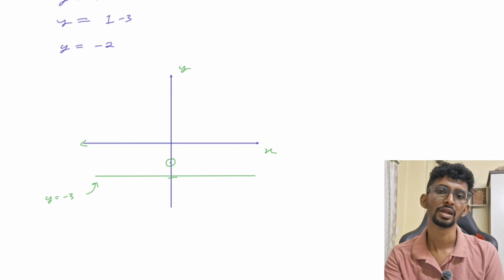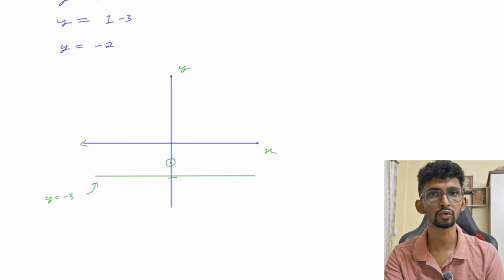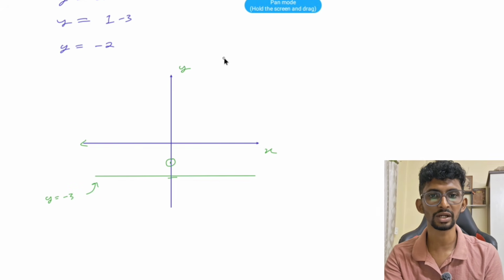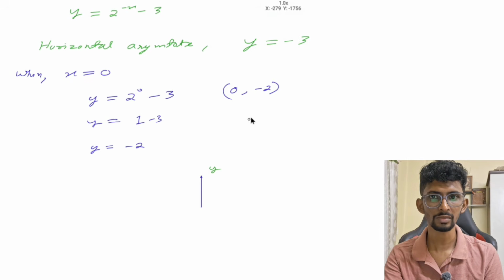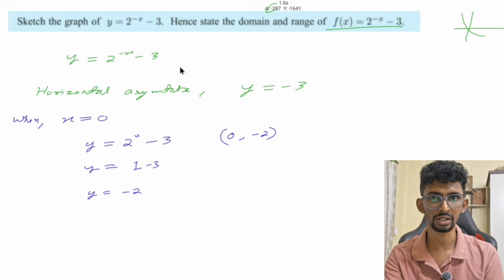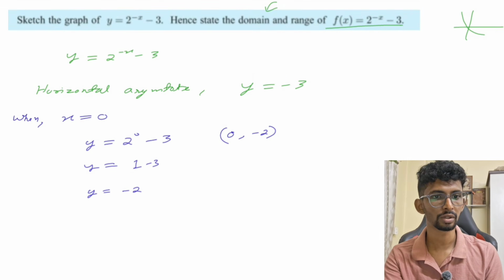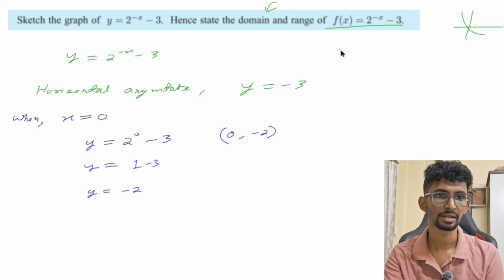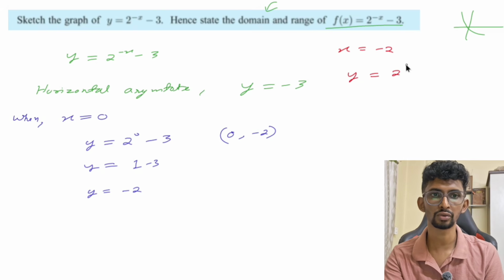Clear? Now as we know, we need two more points. So let me take minus 2 and plus 2. For minus 2, let us see what we'll get. For the same function, if I put x as minus 2, then we will get y equals 2 raised to the power minus minus, that is positive 2, minus 3. So 4 minus 3, that is 1.